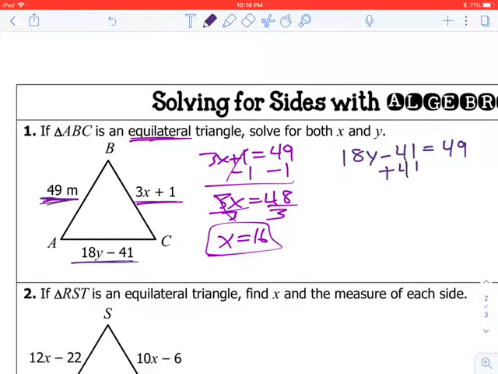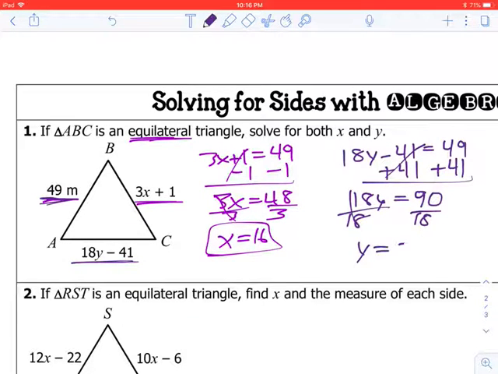Now I got to solve for y here. So I've got 18y equals, and it looks like that's going to be 50. So 90, yeah. So 90, and then divide by 18, and this one I get y equals 5.